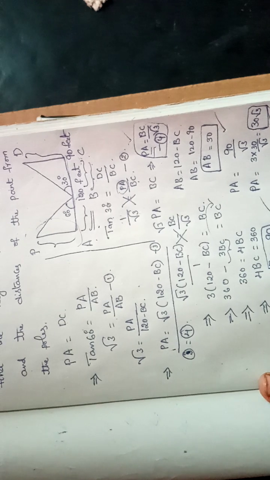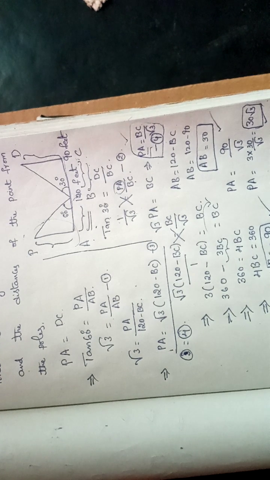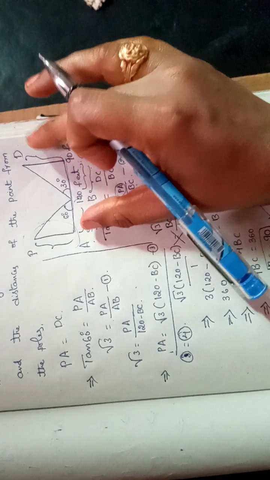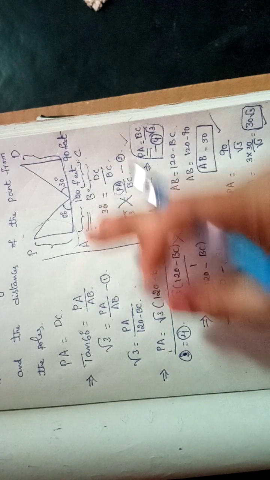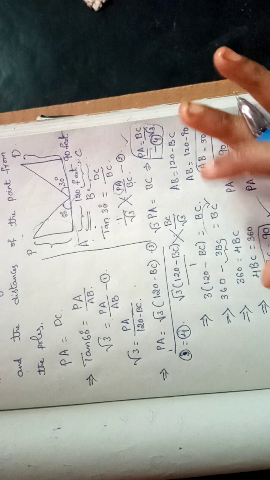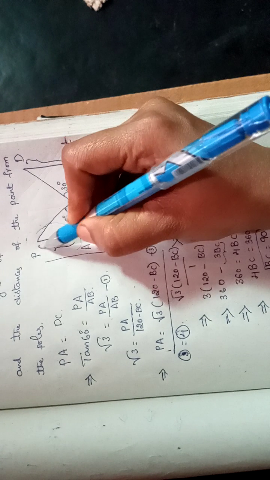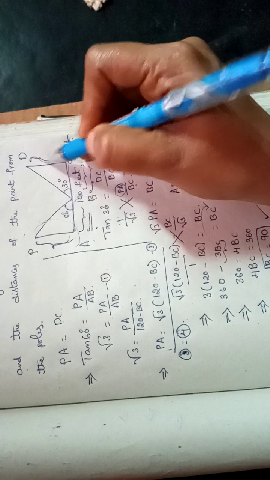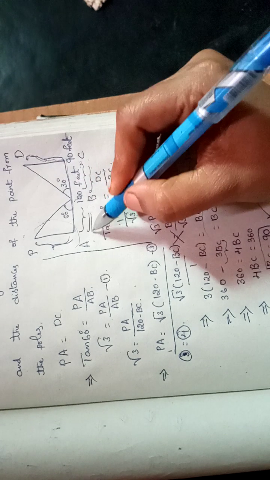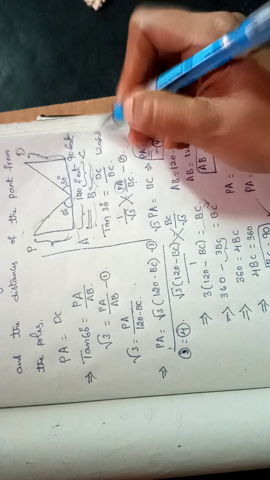This is a big problem, but by understanding the diagram and solving one by one we can get the value. The basic clue is PA equals DC and the AC value is given as 120 feet.